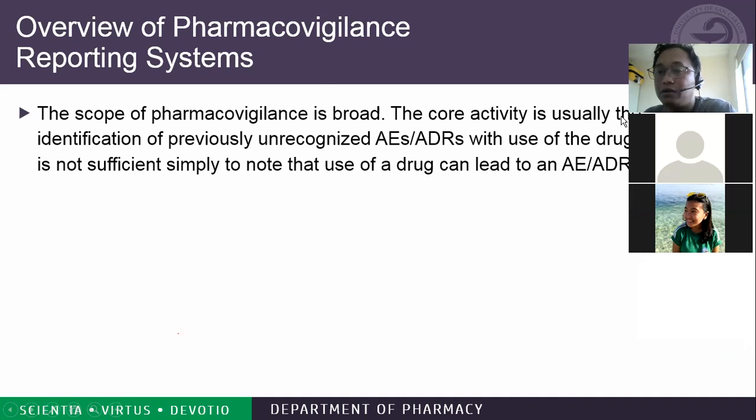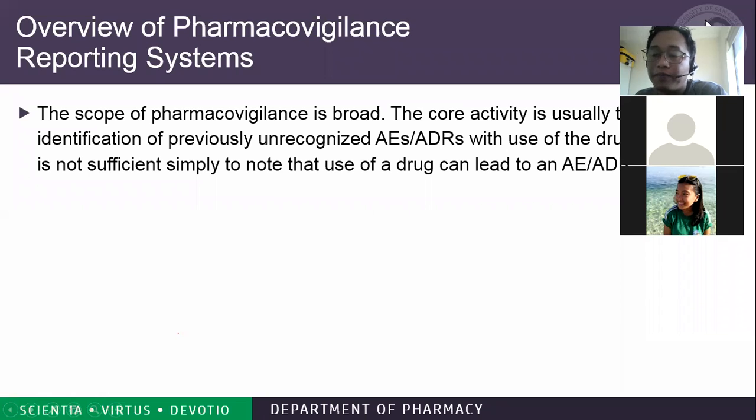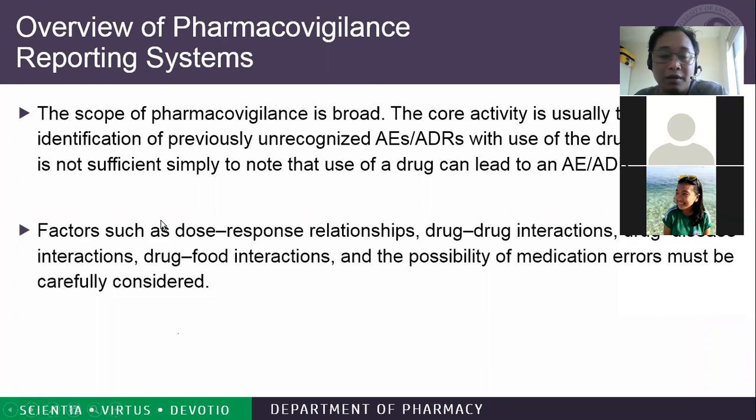If we are not confident to conclude that the use of a drug can cause an adverse reaction, then usually we just put it in the basket of adverse events, because there are a lot of factors that may contribute to the adverse reactions, such as drug dose response relationships, drug interaction, and so on.